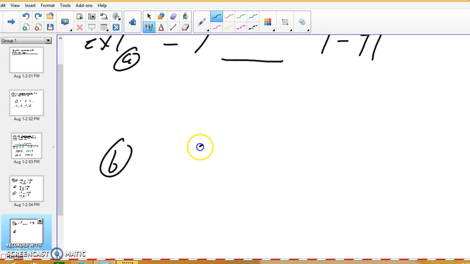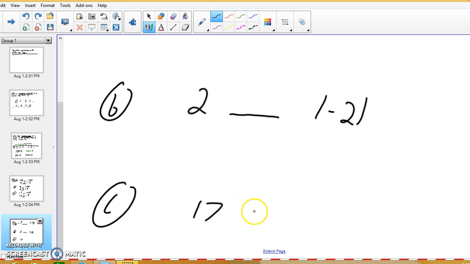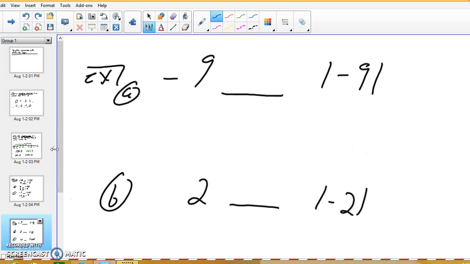You have 2 is less than, greater than, or equal to the absolute value of negative 2. And then you have 17 is less than, greater than, or equal to the absolute value of negative, let's say, 100. So we're working with a different idea. I'll let you work on each of these, and then we'll come back and work on them ourselves.